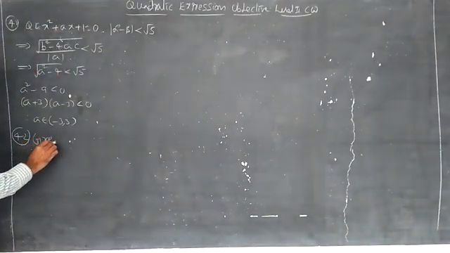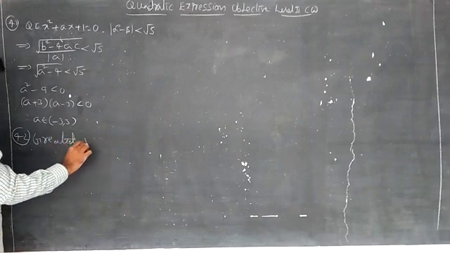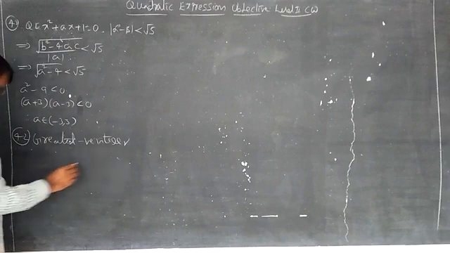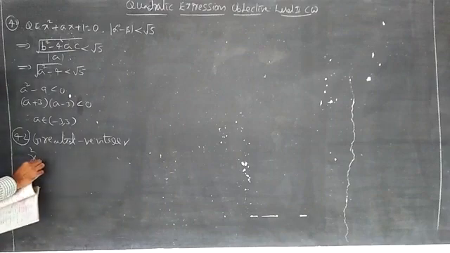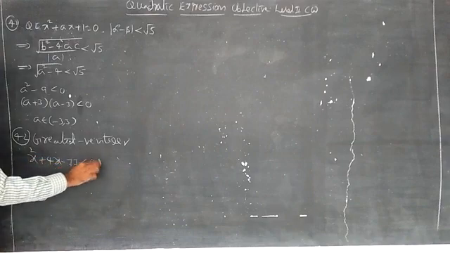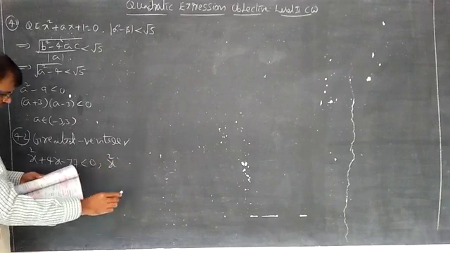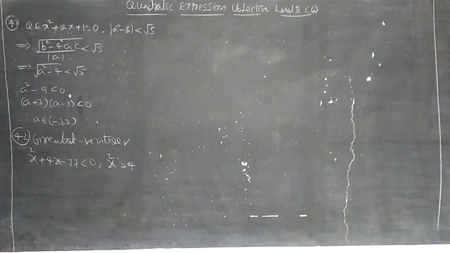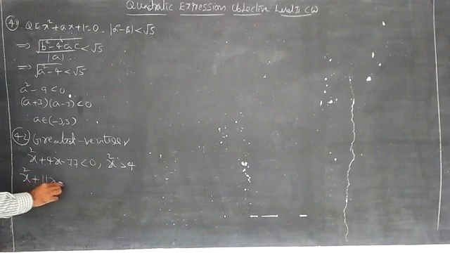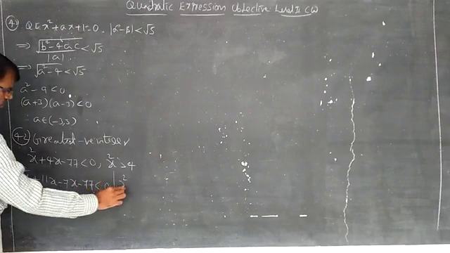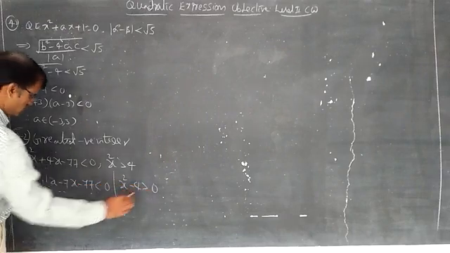We are discussing the greatest negative integer such that x square plus 4x minus 77 less than 0, and x square minus 4 greater than 0. Here we can write x square plus 11x minus 7x minus 77 less than 0.